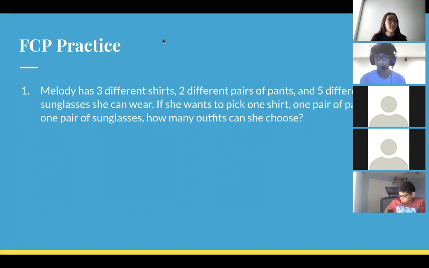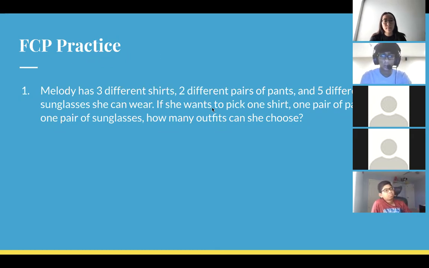So okay, 30 here is going to be the correct answer. And it's because there are 3 different shirts, 2 pairs of pants, and 5 different sunglasses. So it's going to be 3 times 2 times 5. And that's going to be equal to 30. Right?